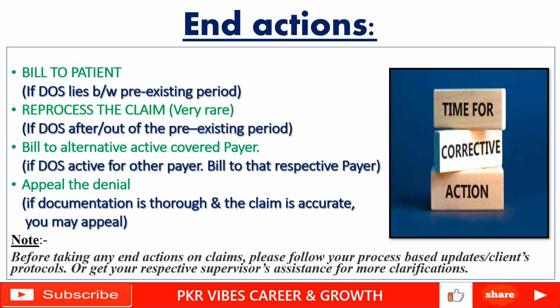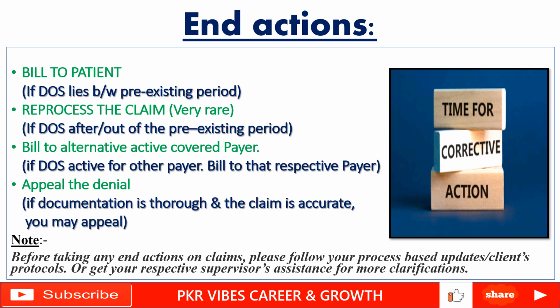But the insurance representative refuses to reprocess the claim. At that time, we will ask for the appeal details: what is the appeal mailing address, is there any chance to send the appeal through the portal, or through a fax number. In that way we take the appeal information, and we have to verify the appeal timely filing limit.